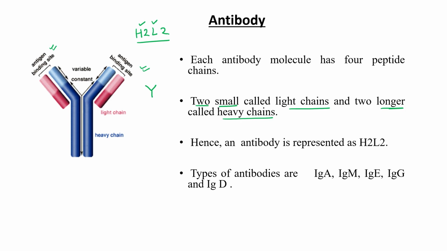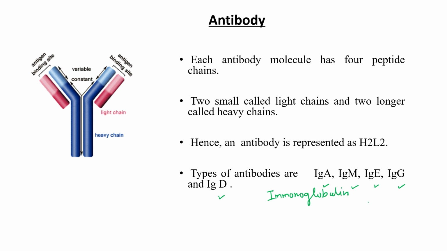We can classify antibody into various types, mainly 5 types: IgA, IgM, IgE, IgG, and IgD. We can also use the term immunoglobulin for antibody.